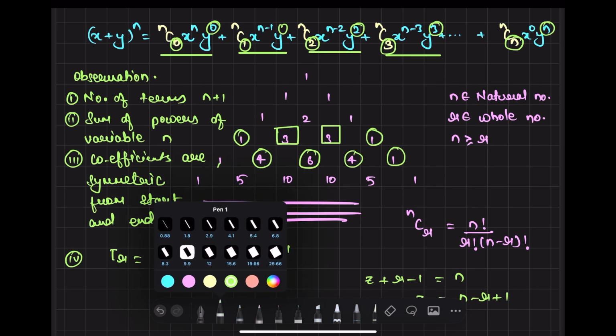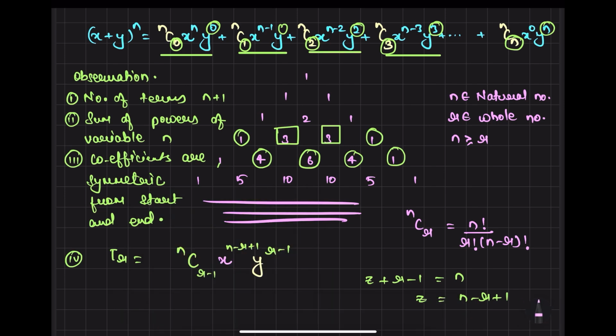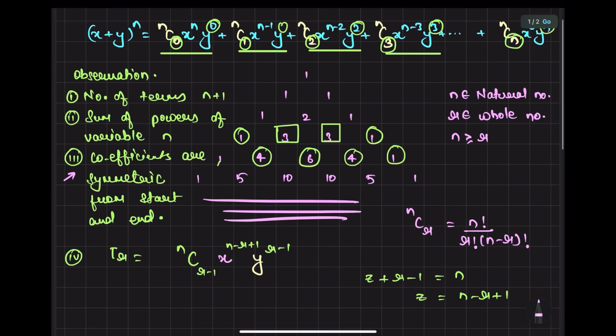Now this is our fourth observation. Now look at this. They are saying that the third observation, just read that again. In the third observation, it is being quoted that coefficients are symmetric from the start and end. So can I say that NC0 will be equal to NCN?